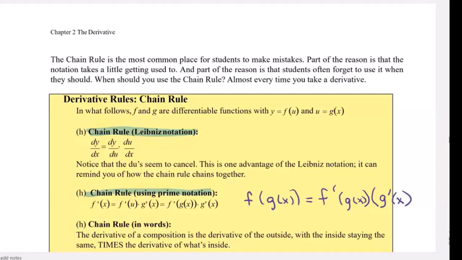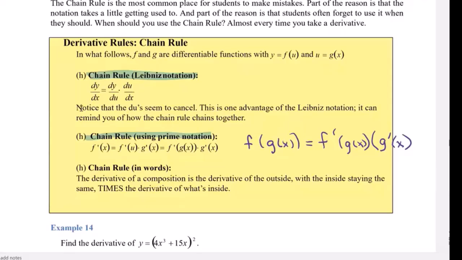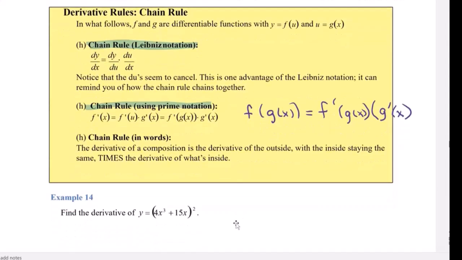And we'll talk more about inside and outside functions. We've already talked about it before, we'll talk about it again. The chain rule in words: the derivative of a composition is the derivative of the outside, with the inside staying the same, times the derivative of what's on the inside.